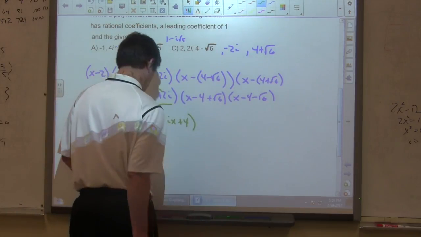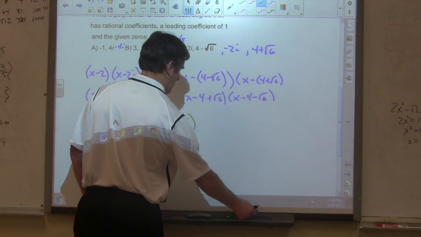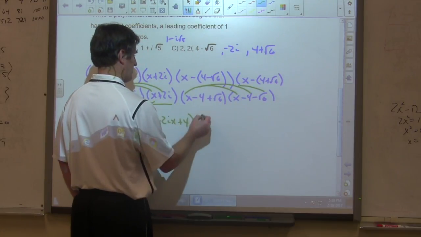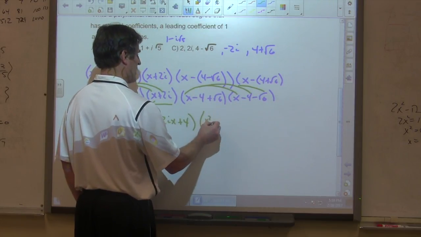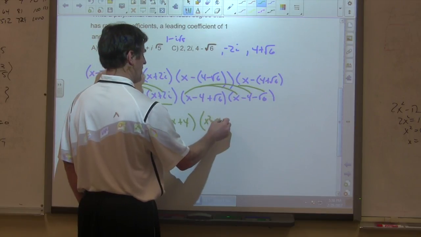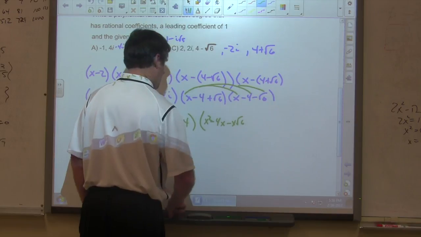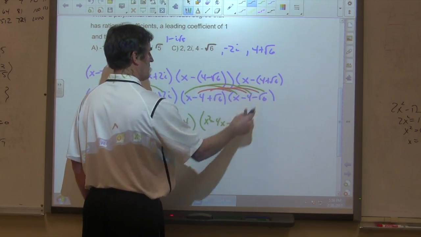And then so I've got that, I'm going to leave that right now. I'm going to multiply this just like we've been doing. So I'm going to take x times everything. That gives me x squared minus 4x minus x square root of 6. And then I'm going to multiply the negative 4 times everything.